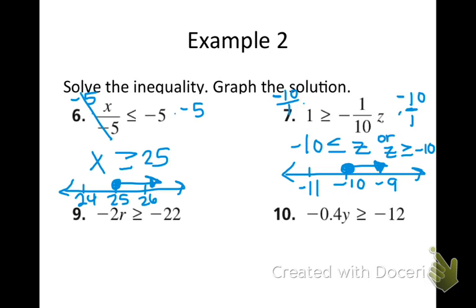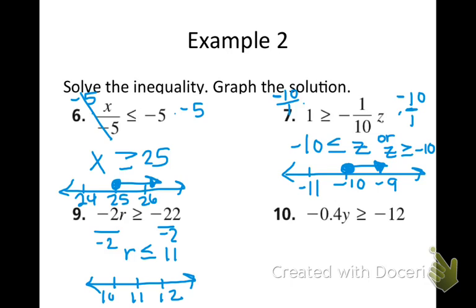Okay, for number 9 on this example, we're going to divide both sides by -2. So R, reverse the symbol. And number 10, we'll divide both sides by a -0.4. And I just noticed that every single one of these examples had a closed circle.